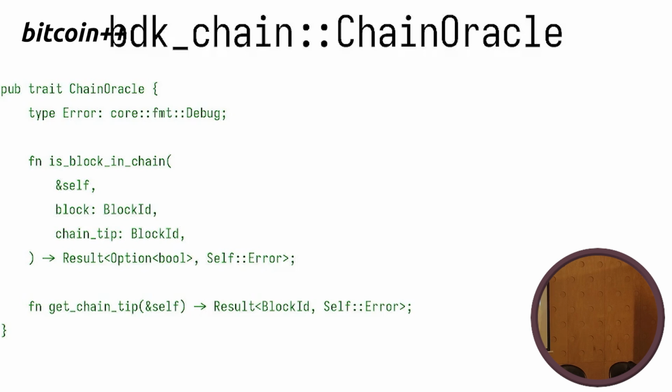And then get chain tip is for convenience. For example, if you are syncing from bitcoind, you can implement the chain oracle on top of the bitcoind client. But we also have a local representation where you grab updates from Electrum or Esplora and you create a local chain oracle.